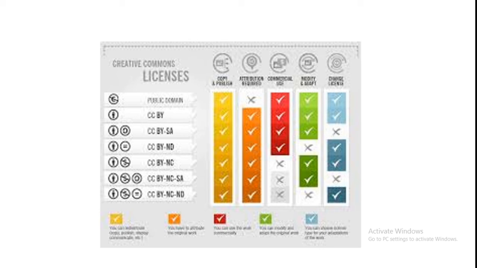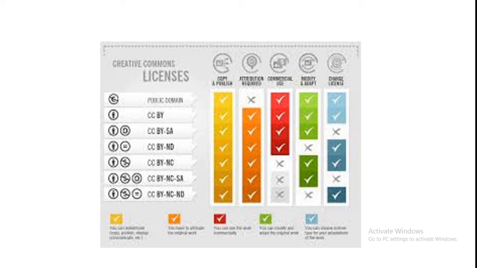If you see CC BY NC, that is Creative Commons BY and NC, non-commercial, you cannot use it for a commercial purpose. Same way CC BY ND, we cannot modify and adapt, the rest is okay, you have to attribute the authors, and you can use it commercially.